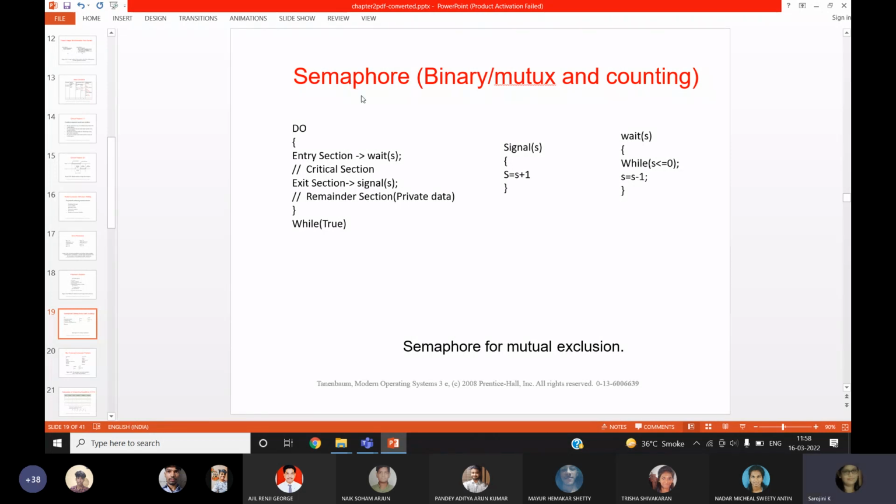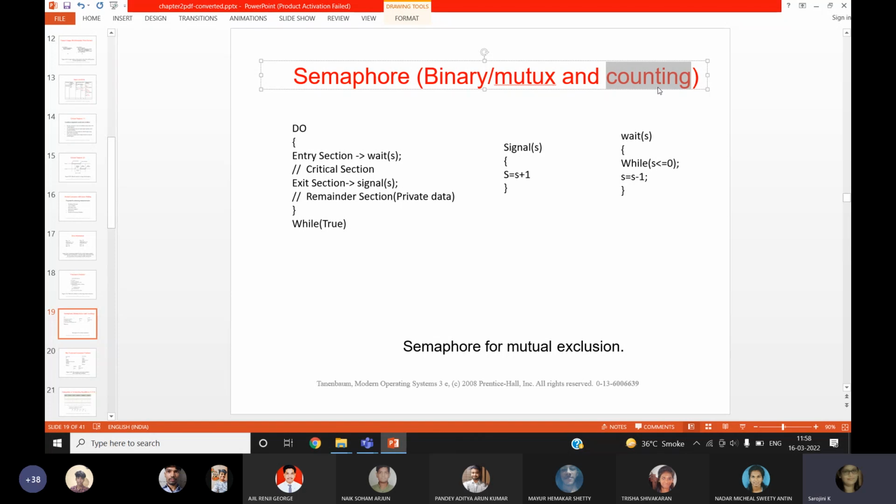Now the semaphore is of two types, binary semaphore and counting semaphore. Binary semaphore is also called a mutex because it is a solution to achieve mutual exclusion. That's why it is also called a mutex, or it can be called binary semaphore. But the counting semaphore is not a solution for mutual exclusion. Okay, but it is a solution for something else. We will discuss that.